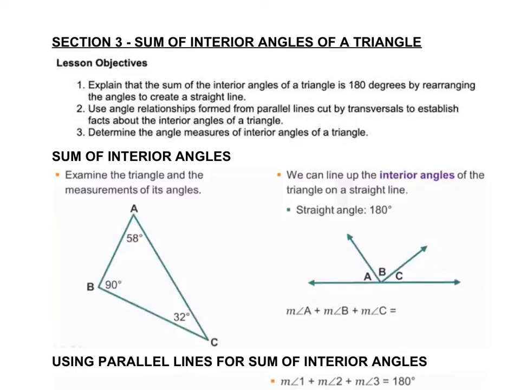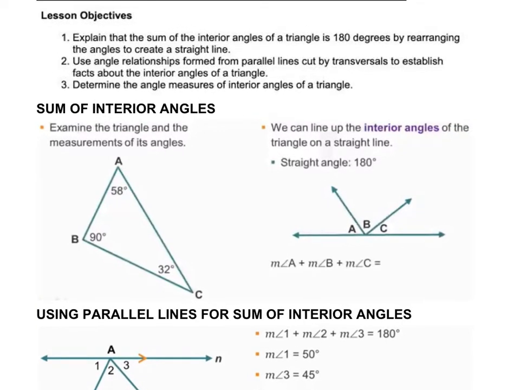All right, so the first thing that we have is sum of interior angles. If you take all of the angles inside of a triangle and you add them up, you get 180 degrees.